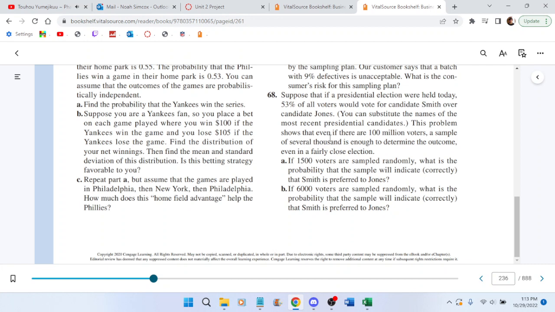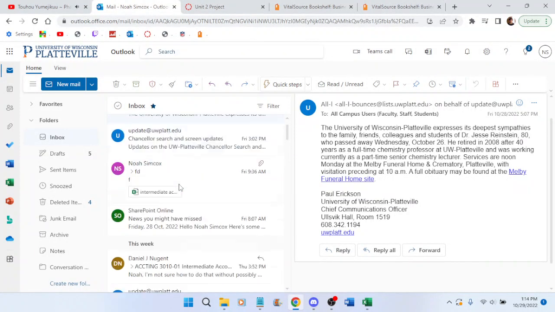What is the probability that you will get a number of 50% or more if the mean is 53%? Basically. Oh, this is not analogous at all.